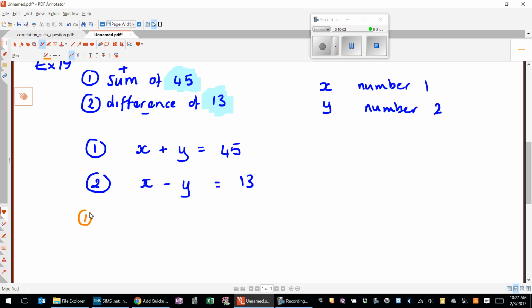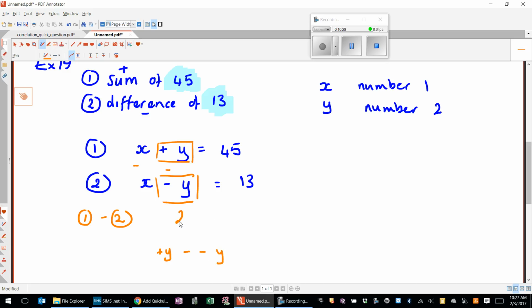So x take away x. Well, x take away x is 0. Plus y subtract negative y. So plus y subtract negative y is 2y. Good. Lots of people would make a mistake.